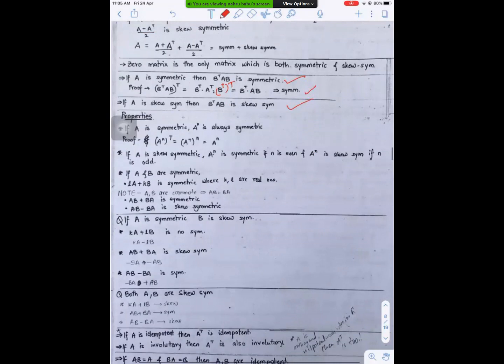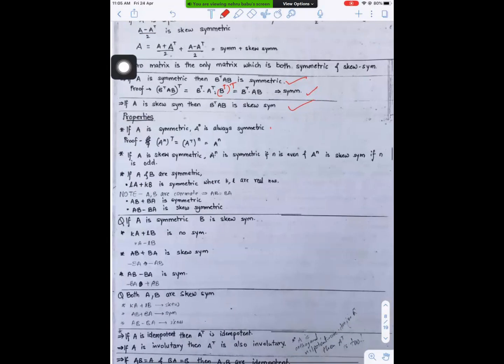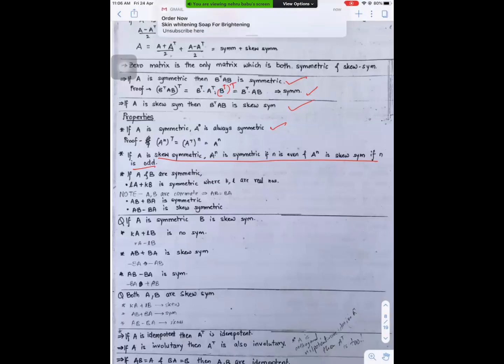And next result, if A is symmetric, then A power n is always symmetric, whatever n it may be. But if A is skew symmetric, this property is important. If A is skew symmetric, then A power n is symmetric if n is even, but if n is odd, it's always skew symmetric.